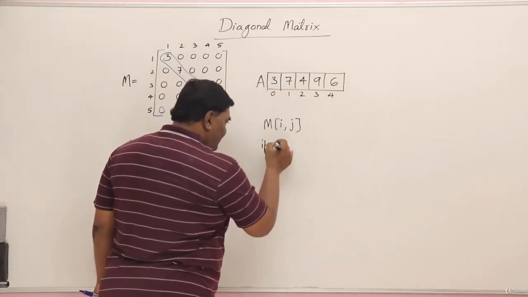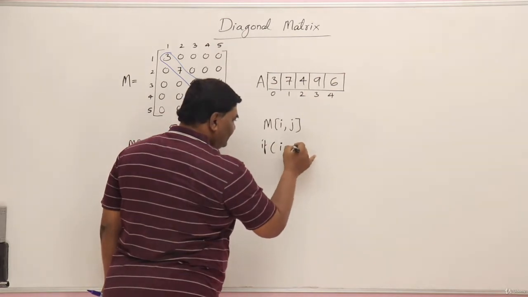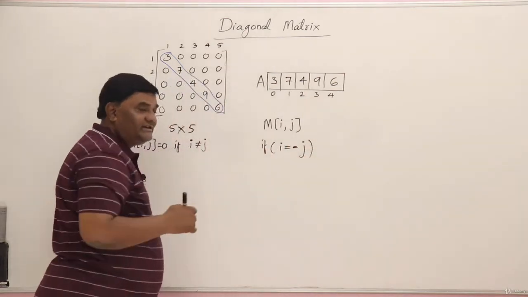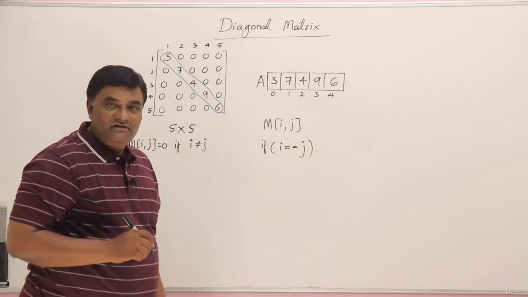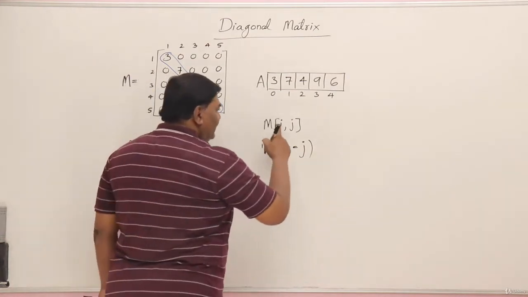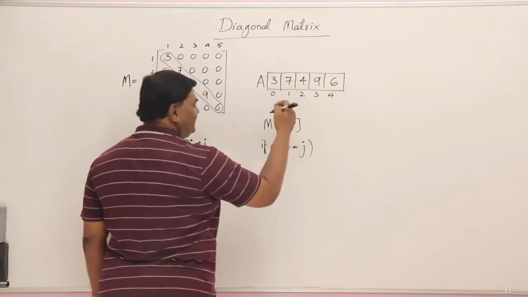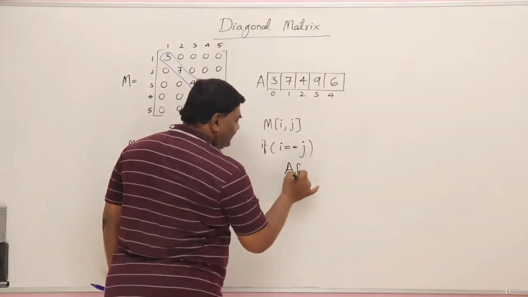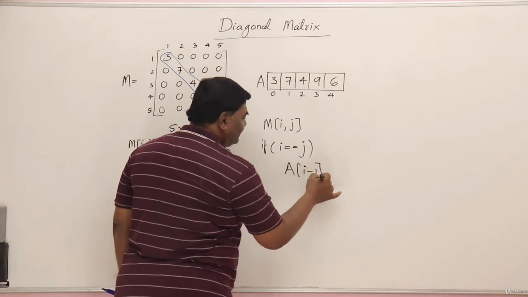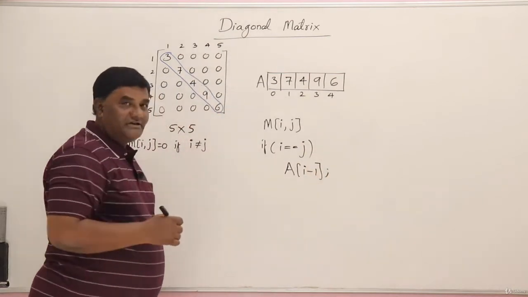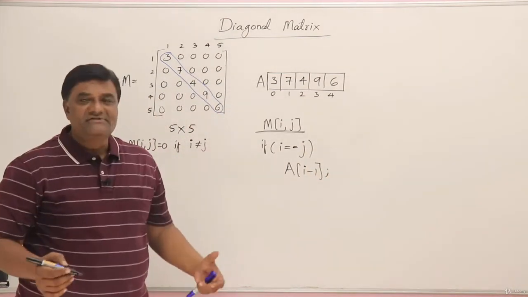First of all, if i is equal to j, then only we have an element. So 2, 2 is present at 1, 3, 3 is present at 2. So the element is present at i minus 1, or even I can say j minus 1. So this is very simple.